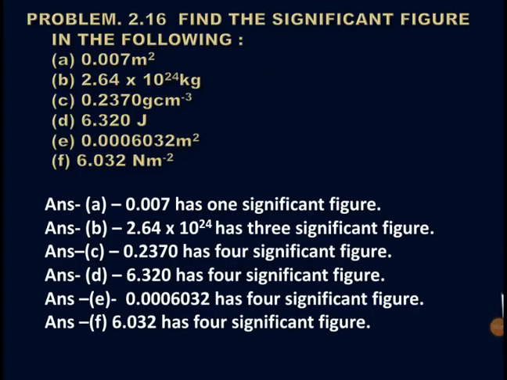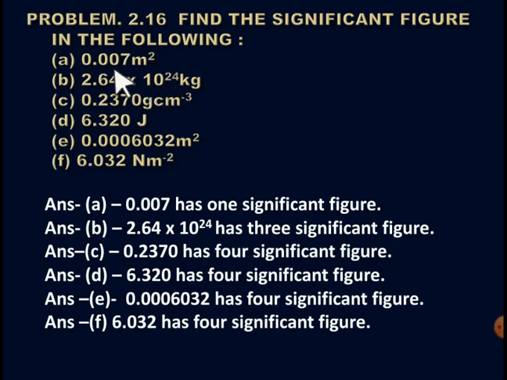Let's try to solve some numerical problems so as to apply whatever we have learned. This is problem number 2.16. Find the significant figures in the following. The first is 0.007 meter squared.